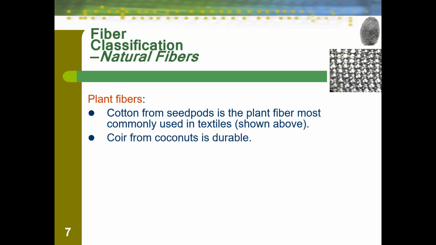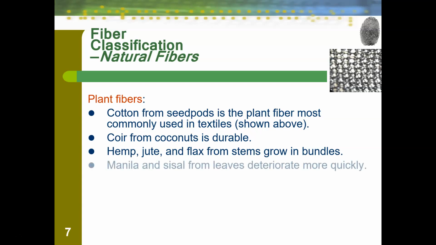You're probably most familiar with coir from coconuts, and if you've ever seen those brown basket liners for flowering plants, those are coir, or those brown doormats, also coir, coming from the outside of coconuts. Hemp, jute, and flax are from the stems of plants, and these are used in both clothes making as well as rope making frequently. Manila and sisal from leaves deteriorate more quickly. So lots of examples of plant fibers.